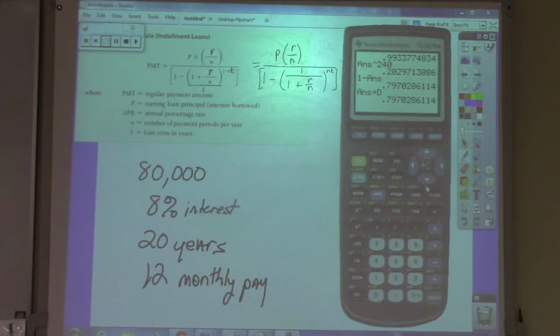So that's 80,000 times, parentheses, 0.08 divided by 12. Oops, those two parentheses there.